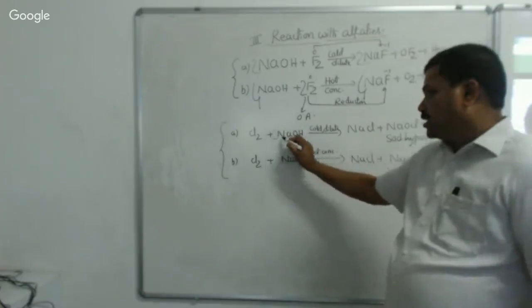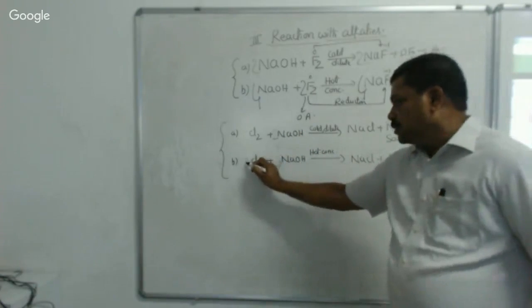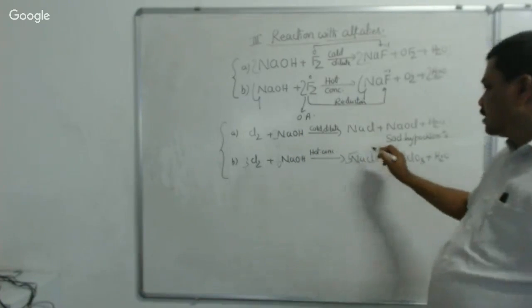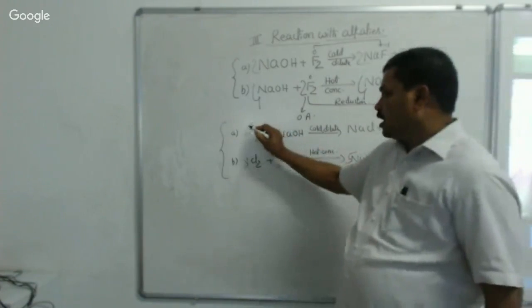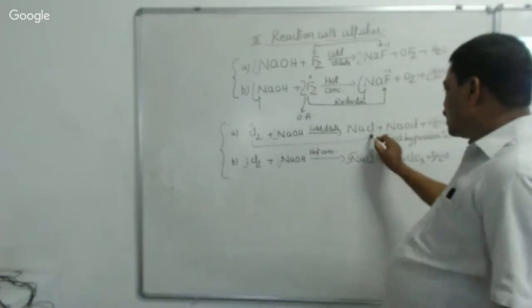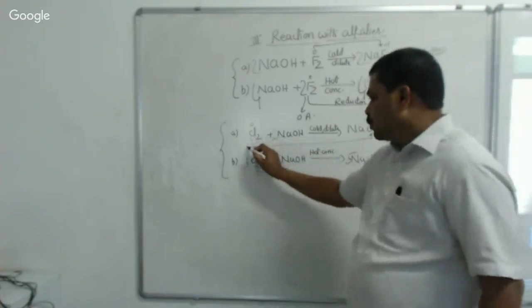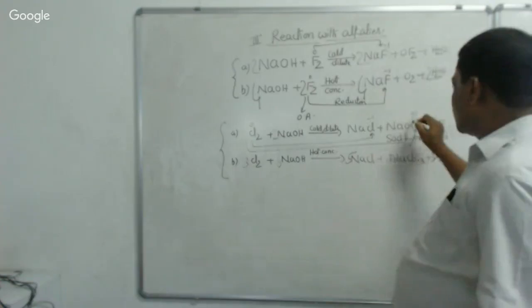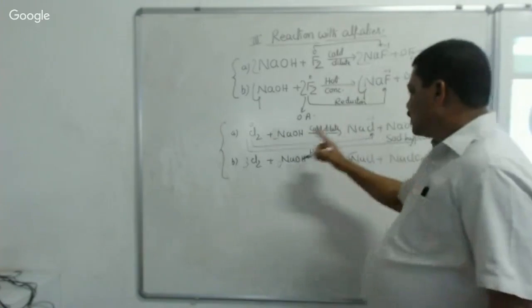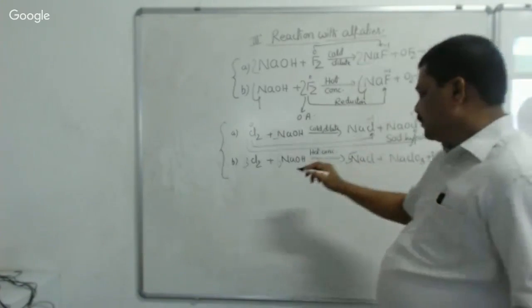Now you balance these reactions. These are the balanced reactions. In both these reactions, chlorine is undergoing disproportionation: 0 to -1 and 0 to +1.